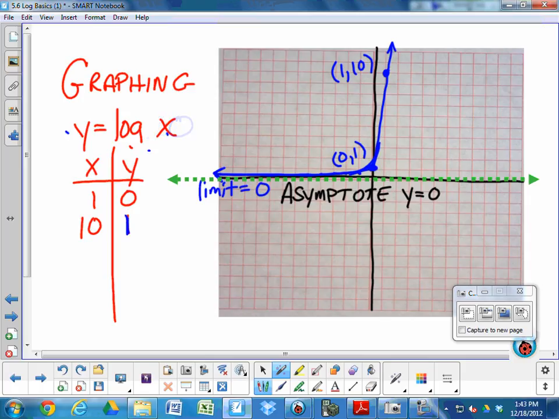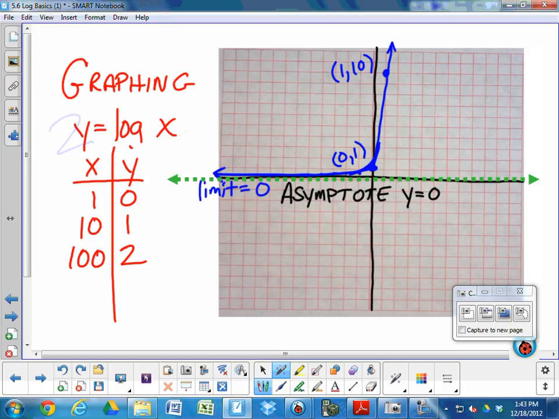The next point on our blue graph would have been 2 comma 100. What would that be on the red? 100 comma 2. Let's see if that makes sense. What if I put 100 in here? 10 to the what is 100? 2. That's where these points are coming from.